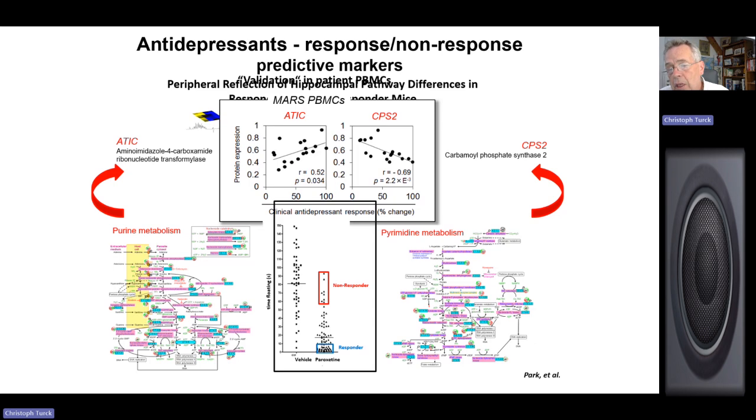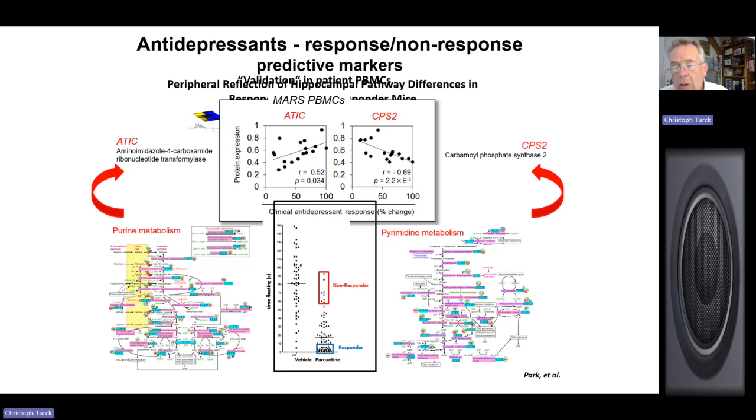Because if you're dealing with patients in psychiatry, you of course cannot take any brain biopsies, that cannot be ethically justified. What you're relying on is of course peripheral fluids, cerebrospinal fluid, or ideally blood, and develop a blood test.